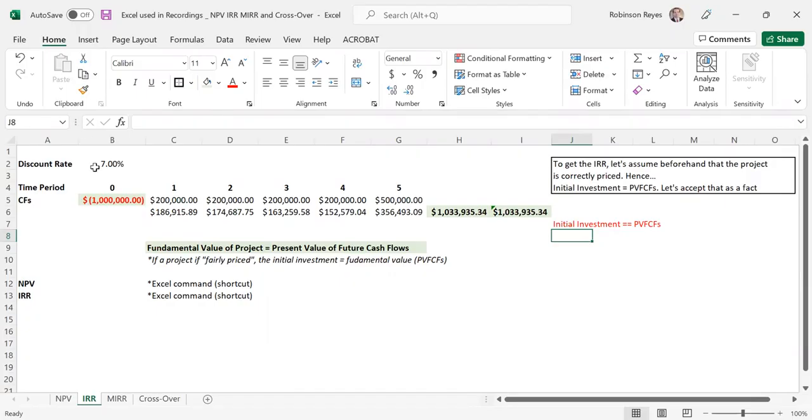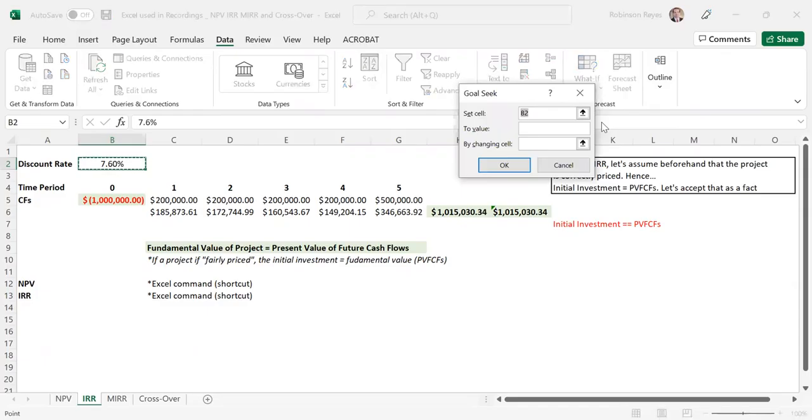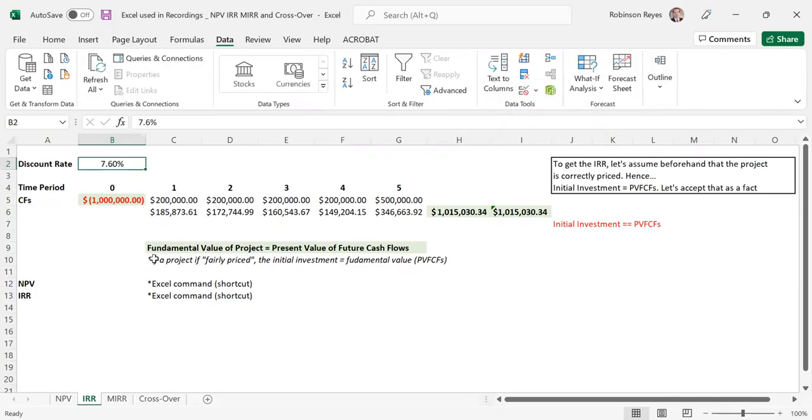Now, rather than iterating multiple times ourselves, and we're still not finding the correct rate, we can let Excel do that. So we can use data and then what-if analysis, goal seek. Of course we need to add one more thing, NPV. So NPV, if this story is holding, the initial investment is equal to the present value of cash flows.